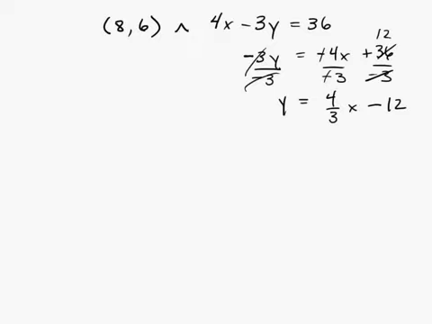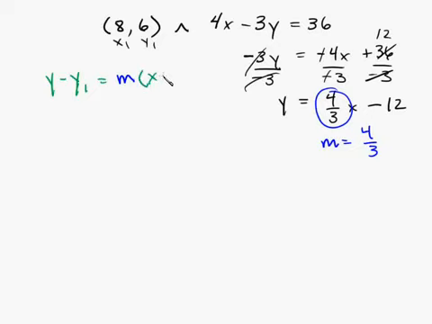So my slope is m equals this number right here, 4/3. Okay? So now this is going to be my x1, my y1, and I'm going to use that in this formula here. y minus y1 equal to m times the quantity x minus x1.